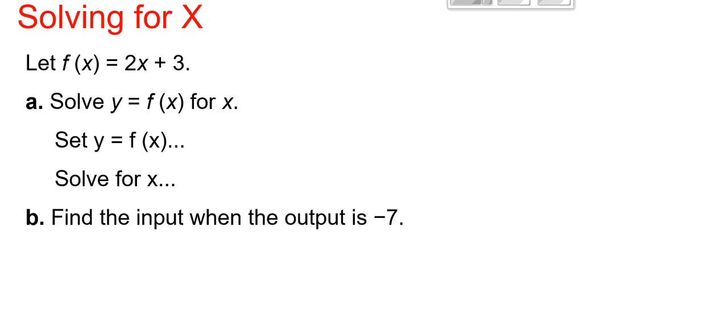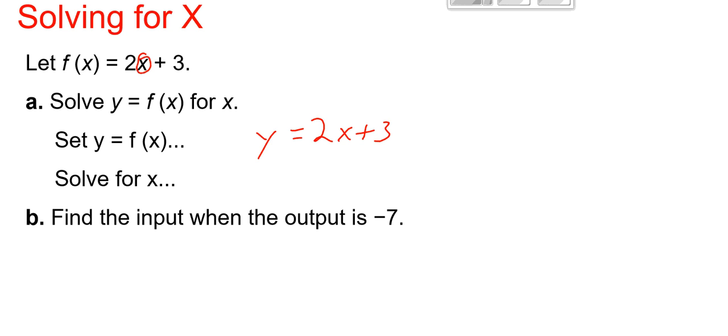The first thing we're going to look at is solving for x. Think of f of x equal to 2x plus 3. If I want to solve for x here, I'm going to set y equal to 2x plus 3, and I'm going to solve for x.